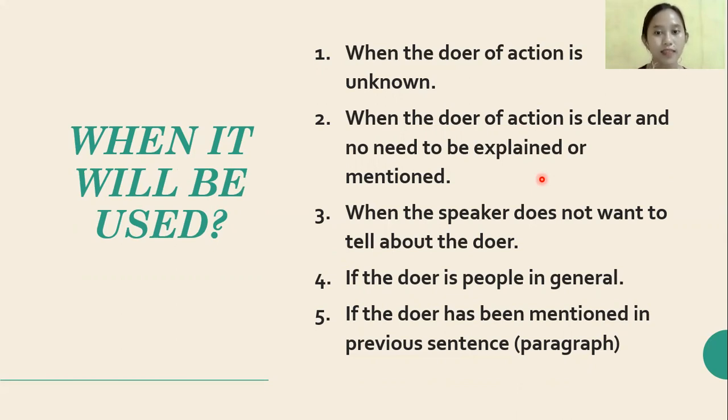Everybody knows that the doer is a farmer, right? So we don't need to explain the doer. It's also used when the speaker doesn't want to tell about the doer, when the doer is people in general, and last, if the doer has been mentioned in the previous sentence or paragraph.